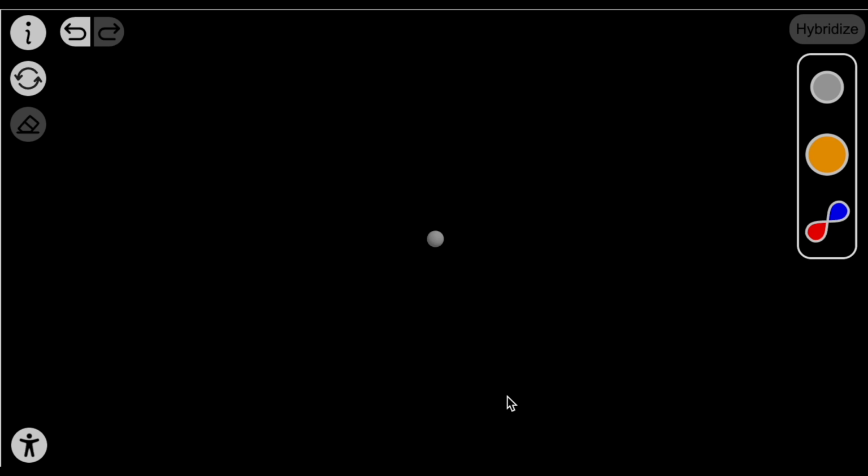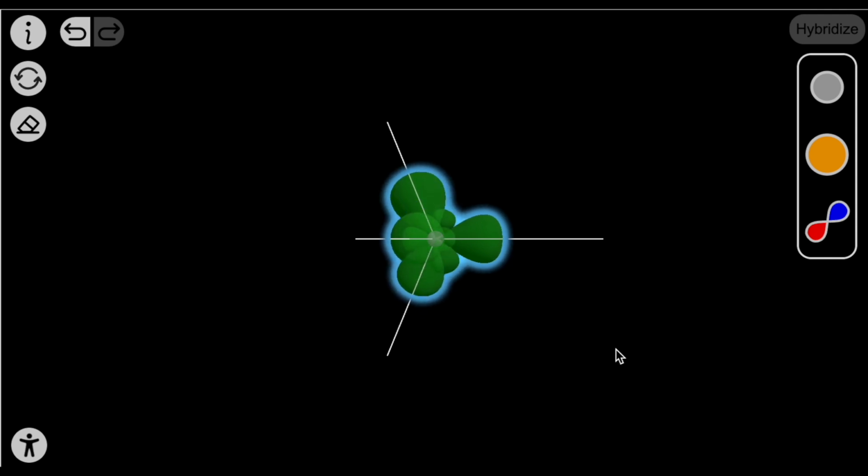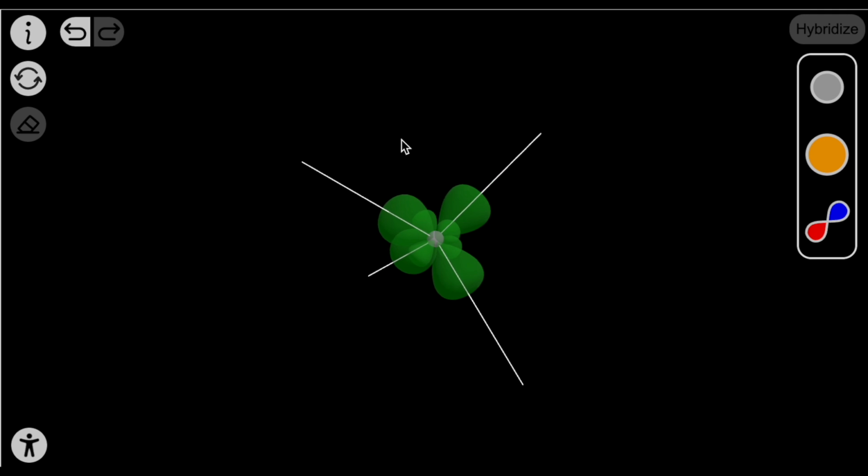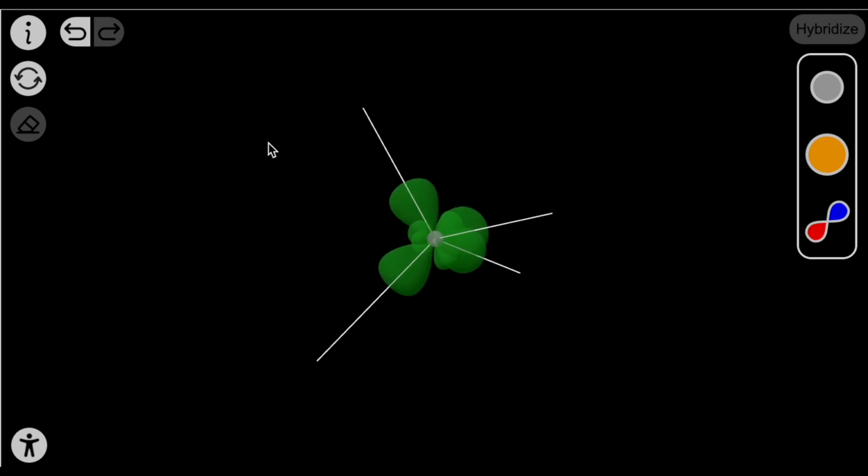Let's see what happens when bonding occurs. Let's go back to our sp3 hybridized atoms. So I'm going to add one s orbital. Here are my 3 p orbitals. I'm going to go ahead and hybridize those. There's that nice shape that I'm used to seeing when I see carbon often bonding.